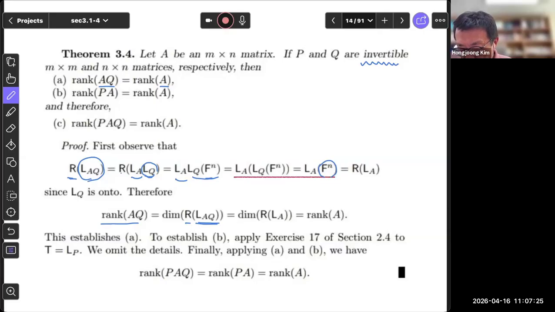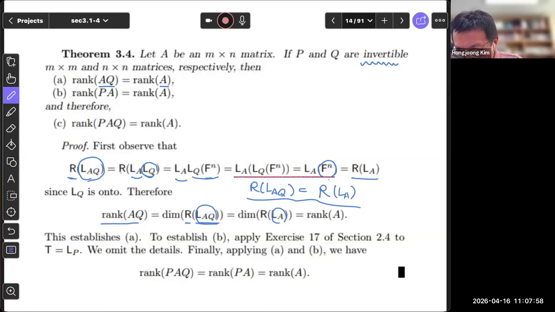Then that means this value is just the image, the range of L sub A. So the range of the multiplication by A and Q will be the range of L sub A, and that is just the rank.